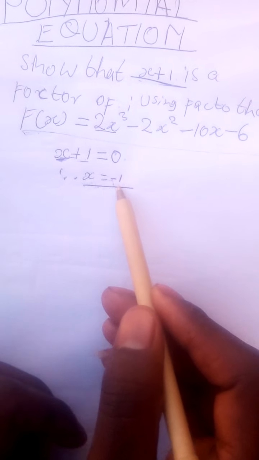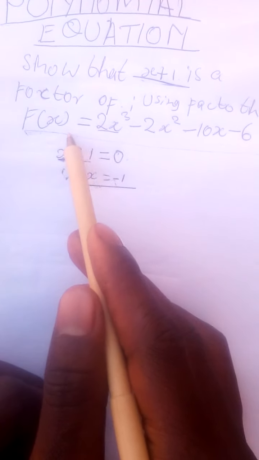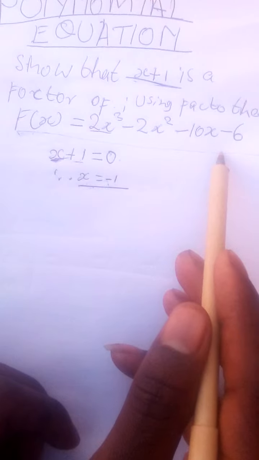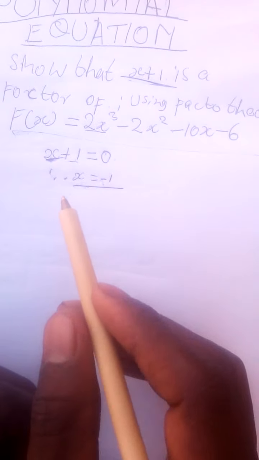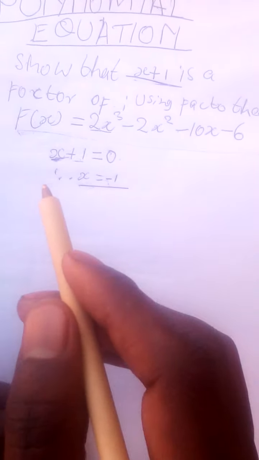Do you really get it? So the first thing, we have to substitute to get the value of 0. If we don't get 0, we have to forfeit this, it is not correct. But if we get 0, that is 100% correct.